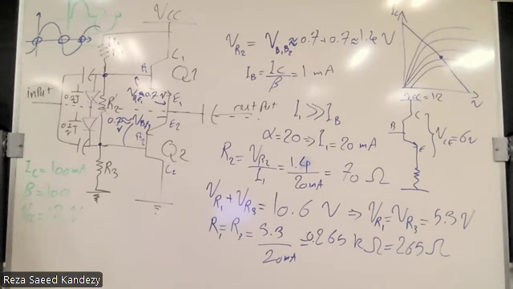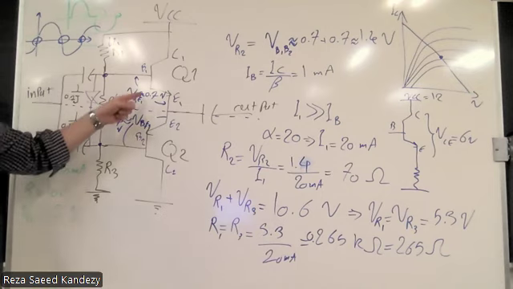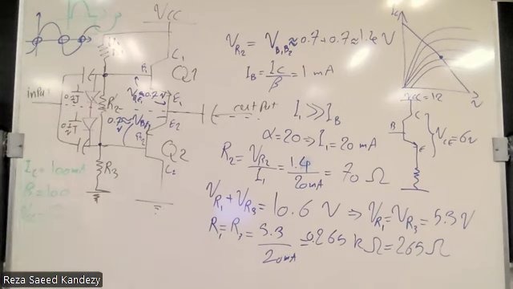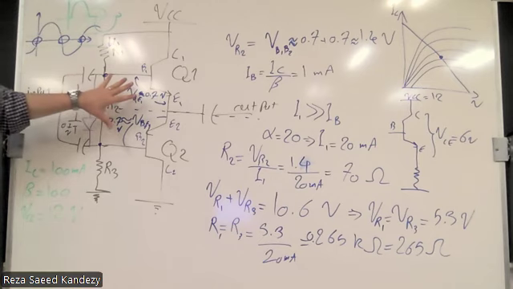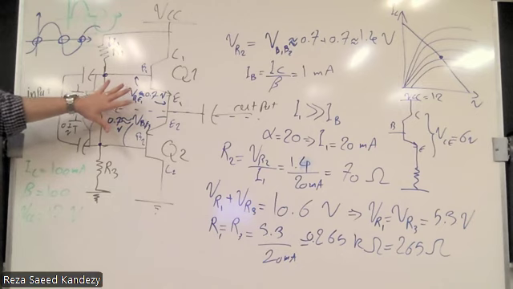Same goes for these two. These are near 0.7, so maybe it's 0.65, and this one is 0.6. So there are some conditions where we don't meet the base-emitter voltage threshold. Is that clear what we're talking about?